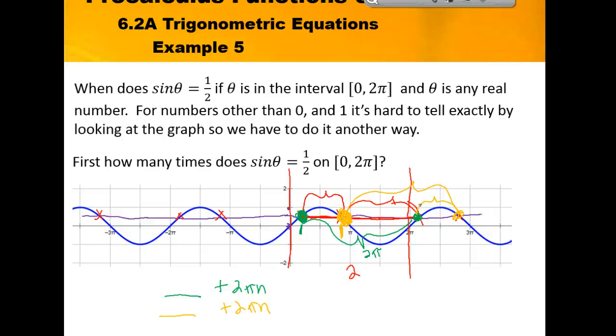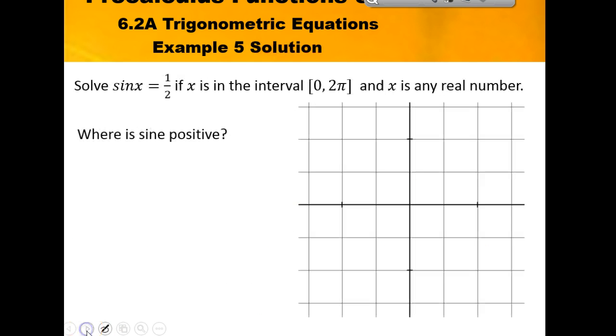Okay, so we're going to go ahead and solve this one next. So I think it's next, but we'll see, and we'll get to it. I'm going to go to the next slide. Yep, so here it is. Okay, so here's how we come about the numbers. Since looking at the graph it's hard to tell exactly what that point is where it's equal to half the first time, we have this other way of looking at it.